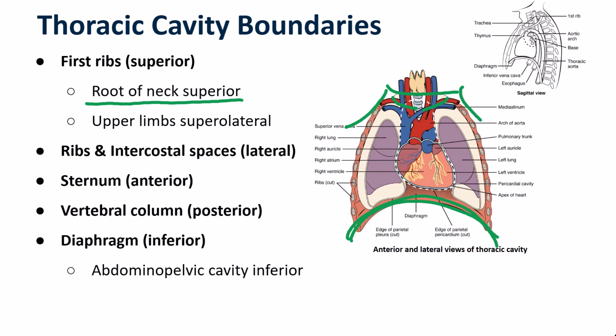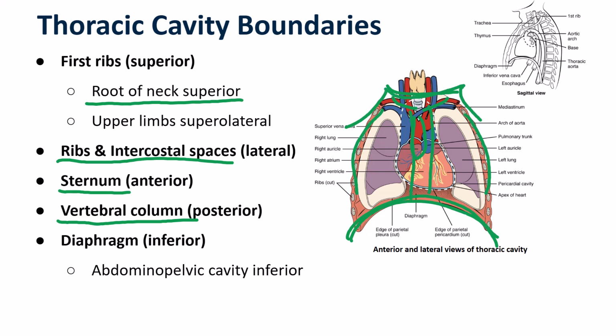Let's then go around. Laterally, the ribs and the intercostal spaces. And these are going to come around to the anterior, where the sternum is the most anterior aspect of the thoracic cavity, and to the posterior, where the vertebral column is the most posterior.